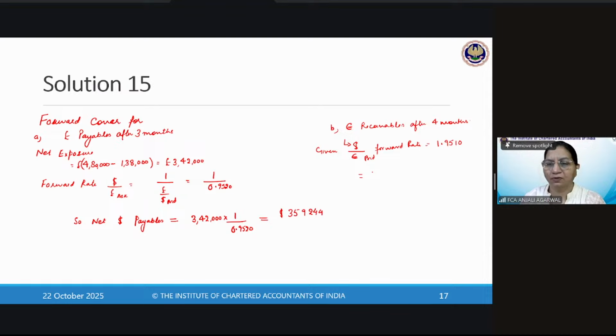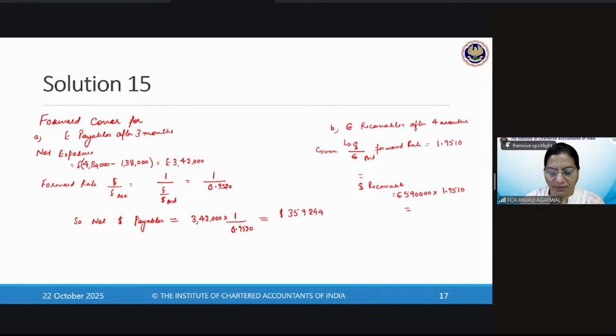So the total euros you will receive is 590,000 euros, multiplied by $1.9510 per euro. I guess there won't be any issue of rounding off here because direct rates are given with 4 decimals.